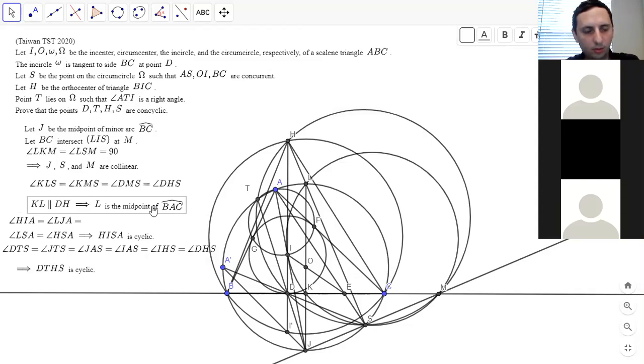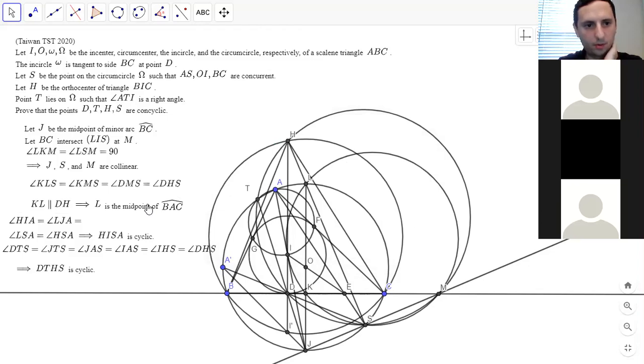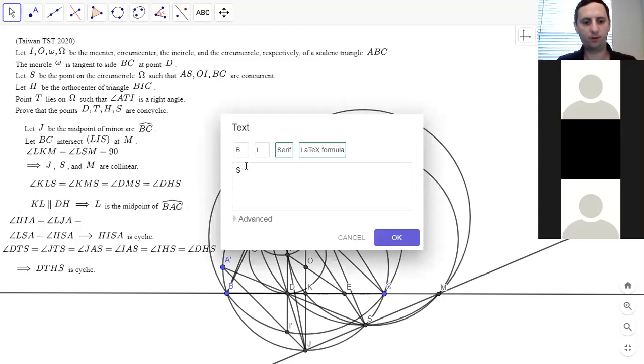Because HD and LK are parallel, and we found that their angles are also equal, HLS must be collinear. Okay, so that means that H, L, and S are collinear.